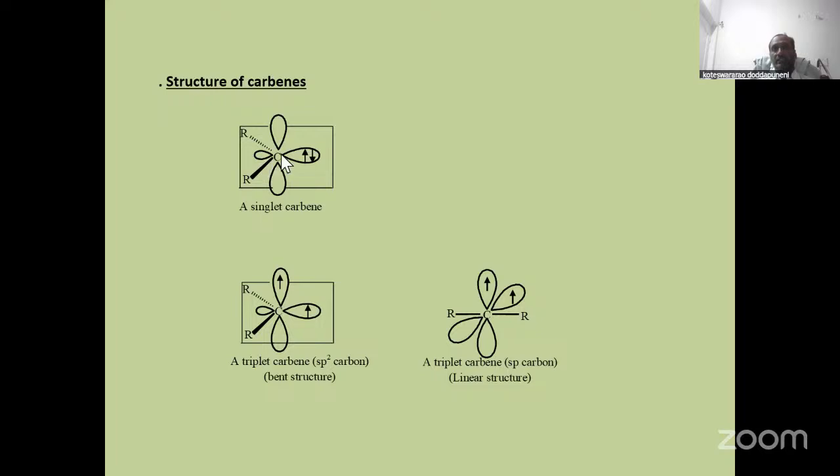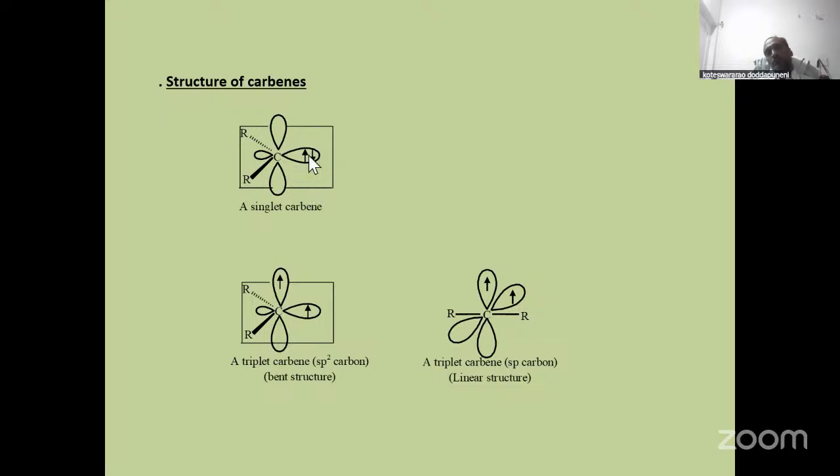Look at here. This is the carbon. It is the sp2 carbon. In this carbon, look at here, this is the unhybridized p orbital. This is the sp2 hybrid orbital. The two electrons are filled in the sp2 hybrid orbital. The unhybridized p orbital is vacant. Now here, when you consider pairing of the electrons, spin pairing generally appears in the case of the singlet state.